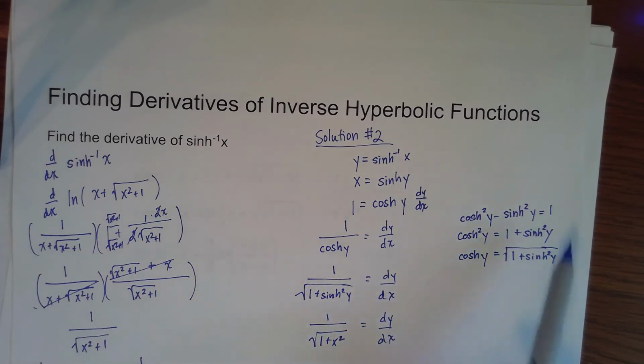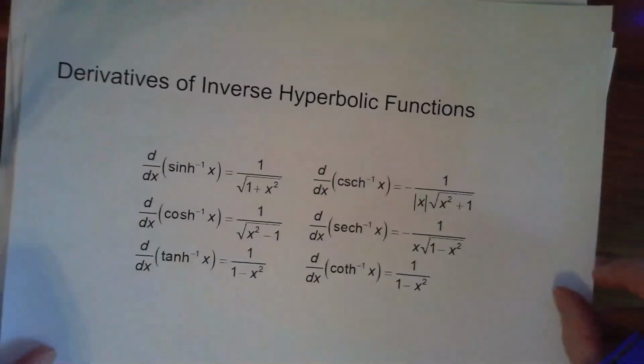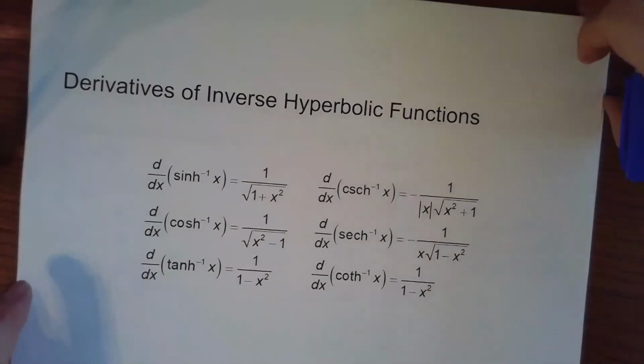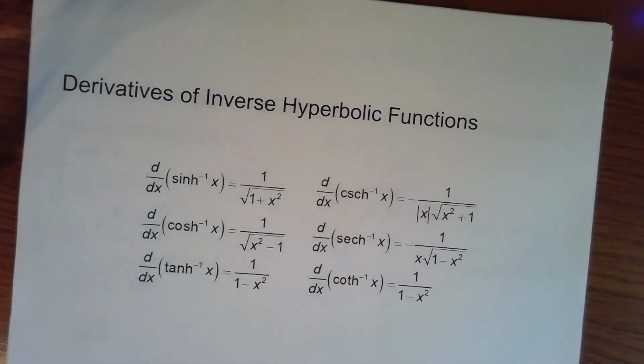This one just has the trick of having to come up with a nice expression for hyperbolic cosine to make this a substitution. So either way you look at it, you get the same thing. The derivative of the inverse hyperbolic sine is always going to be 1 over the square root of x squared plus 1.